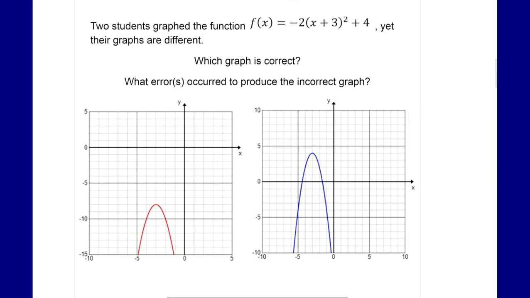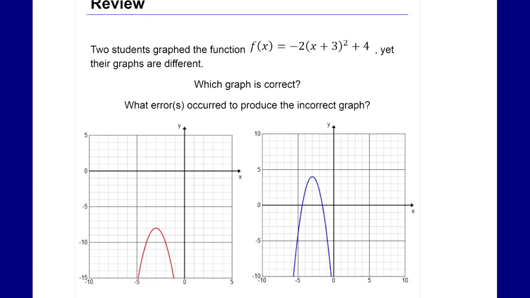Again, remember our general form of our transformations, and I'm going to write it just above. The one we have should be f of x is equal to a times (x minus h) squared plus k. This general function helps us identify what the variables are. So I have a -2, a 3, and a 4.